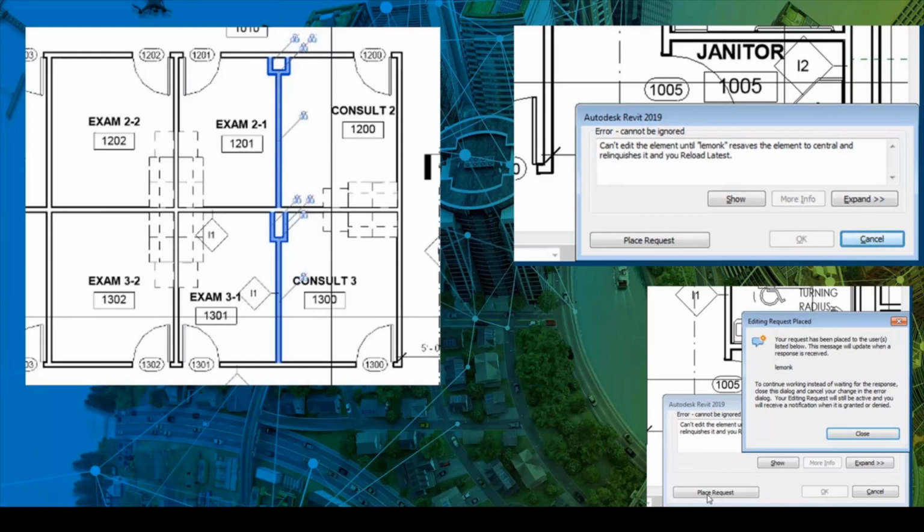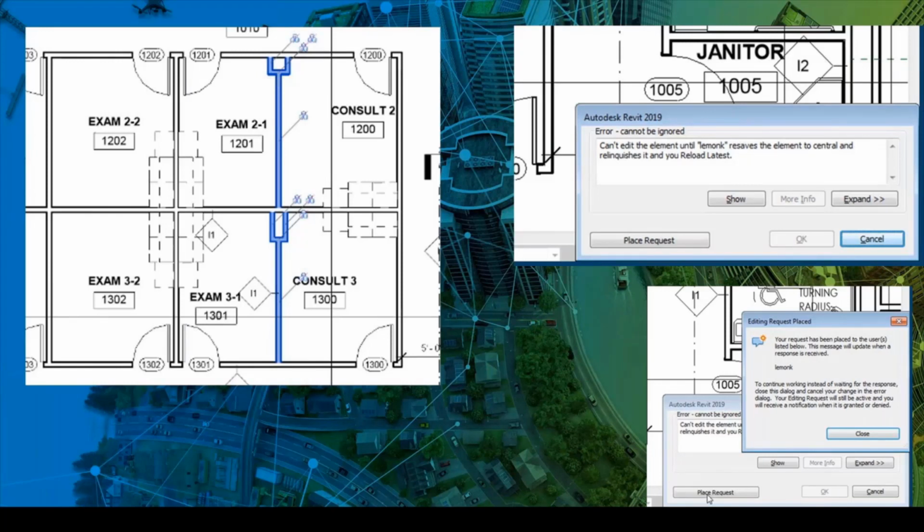So for example, on the left here you see that one architect wants to move that wall. They don't have ownership of that wall, and therefore they have to place a request to the BIM manager. A request, down here in the bottom right, entering request place, then pops up to the BIM manager or to the owner of that work set, and then they can release that or not, and I'll run through that in the demonstration as well.